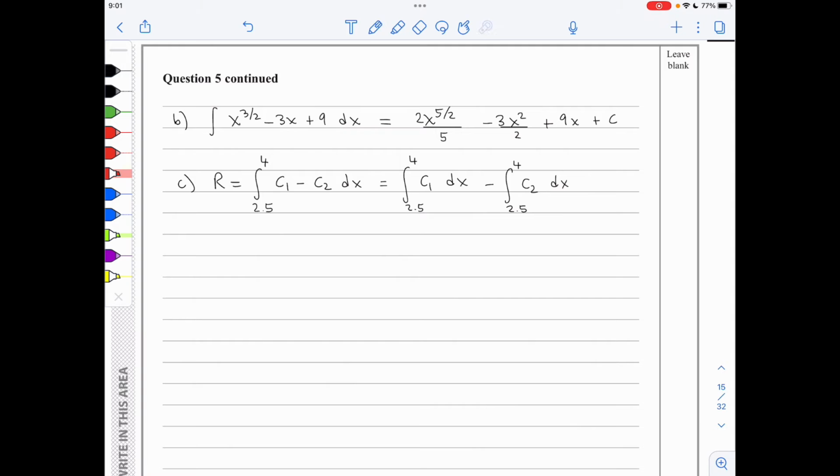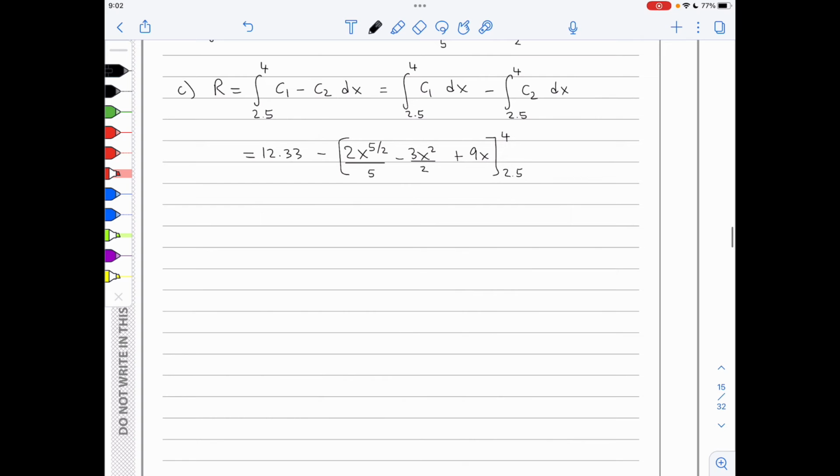Now we have already found from part A that this is approximately 12.33, and for the integral of C2 it's what we have just found in part B. So this will be 2x^(5/2)/5 − 3x²/2 + 9x from 2.5 up to 4. So we will substitute the upper and the lower limits.